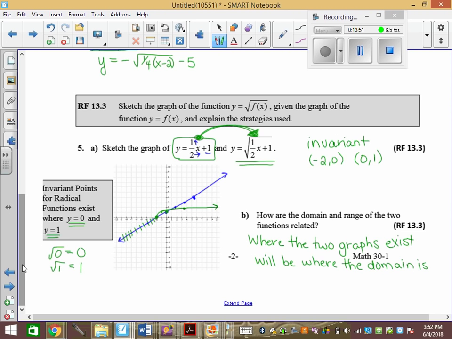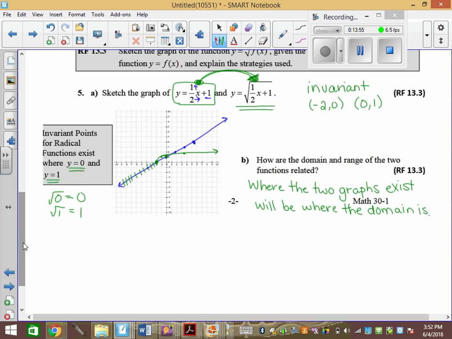So in this case, the radical graph only starts when y is positive or 0. So in this case, the domain is going to be x such that x is greater than or equal to negative 2, because before that, I have negative numbers. And it can equal negative 2, because at negative 2, y equals 0, and I can take the square root of 0.